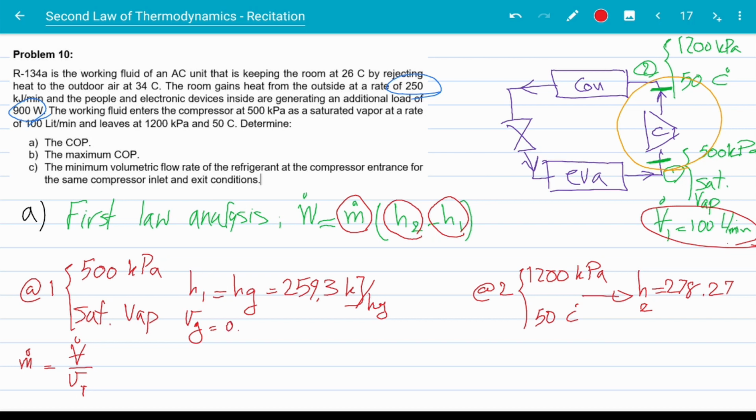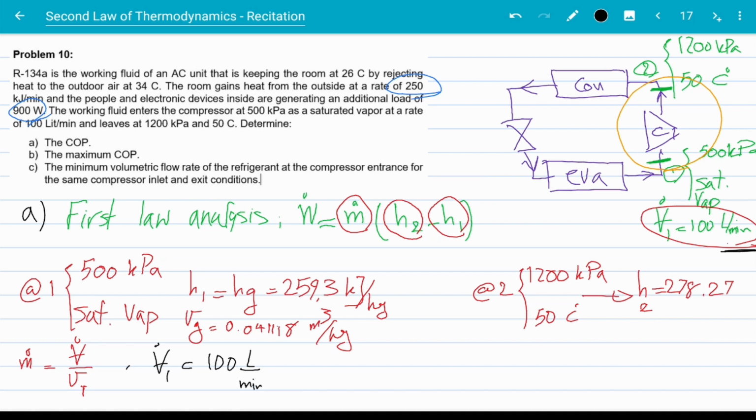That is 0.041118 meters cubed per kilogram. So the volumetric flow rate is given in the units of liters per minute. We need that to be in meters cubed per second. So let's get to that first. So volumetric flow rate 1 is 100 liters per minute.